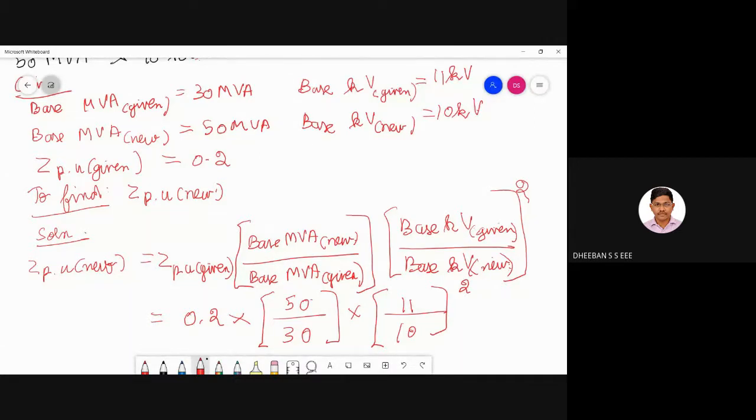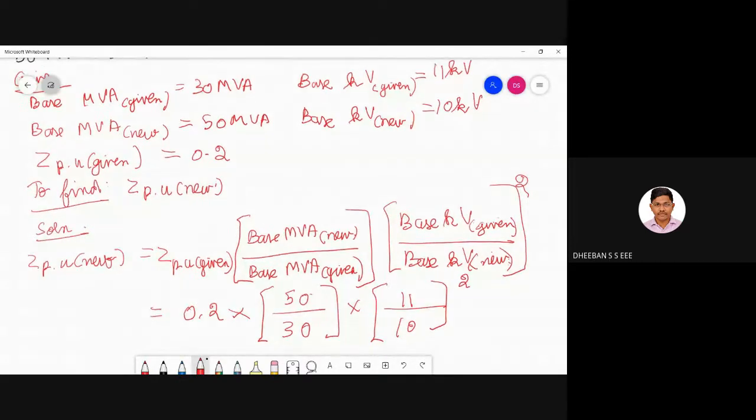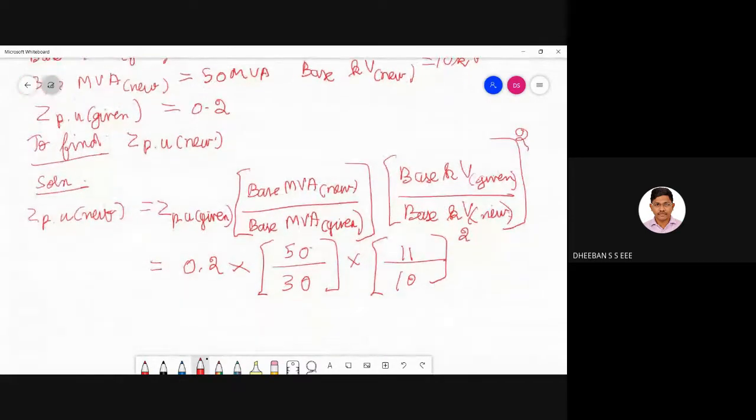So what's the answer? You might have calculated, right? You are getting 0.4033 per unit. Generally, how you represent this Z per unit new is by putting a j before it.